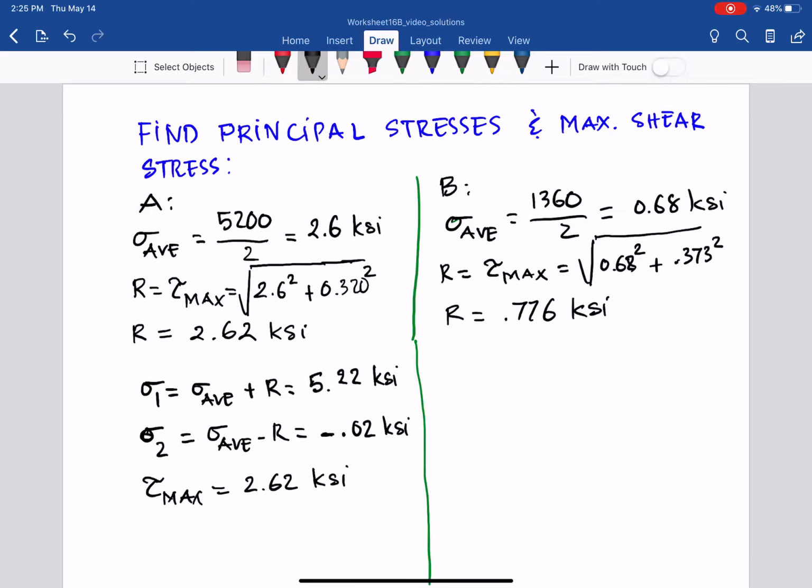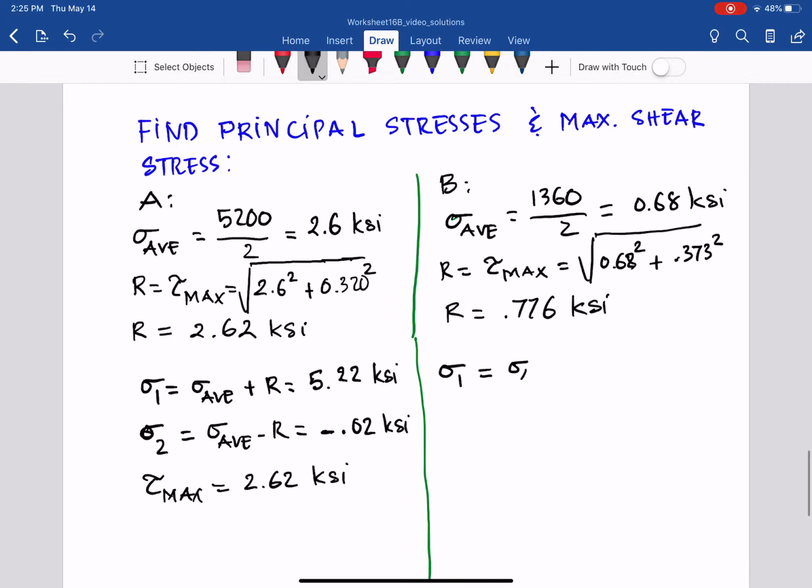You have sigma 1 for point B equal to sigma average plus the radius. So it equals 1.456 ksi, and of course that is in tension, as you can see, positive tension.